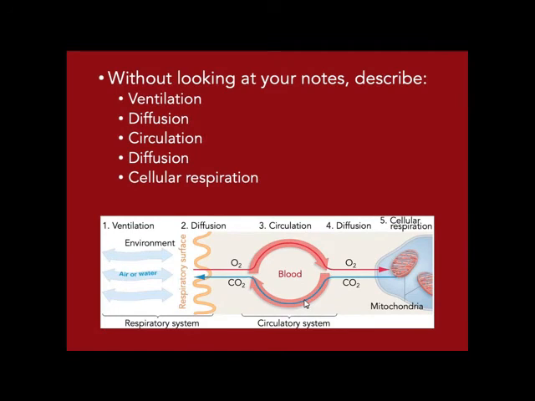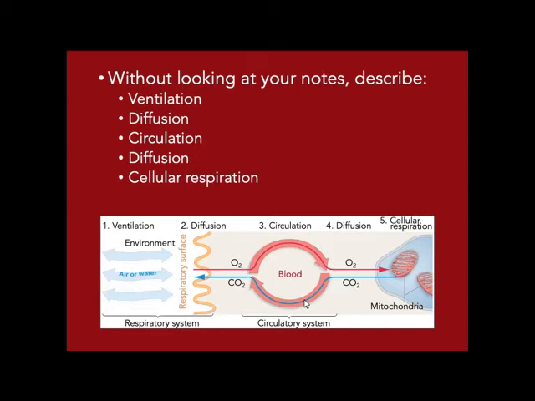All right, so without looking at your notes, can you describe each of these steps? Oh, I'm gonna do ventilation. All right, what's ventilation? That's just like the interaction between the outside environment and the actual place where the gas is going to be exchanged, like the gill or the lung or the skin. Okay, good. So what's diffusion?